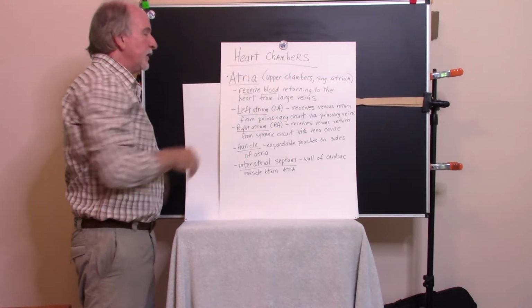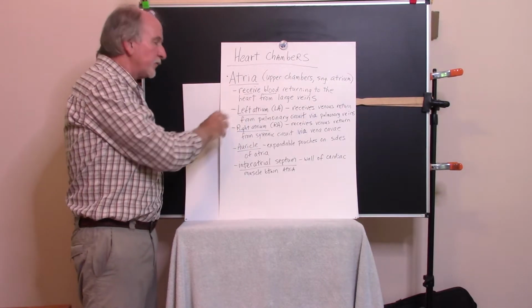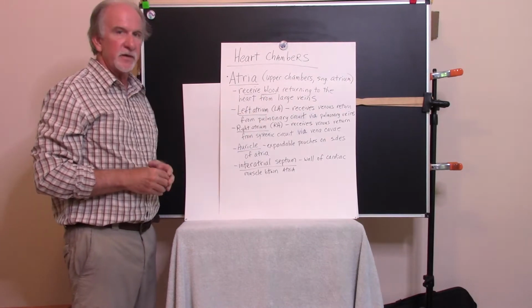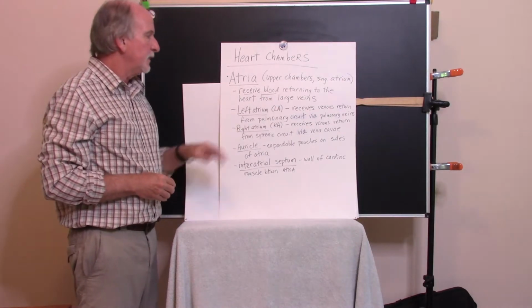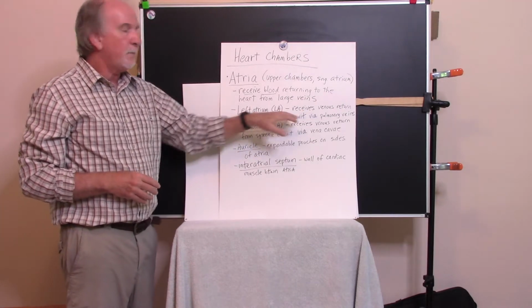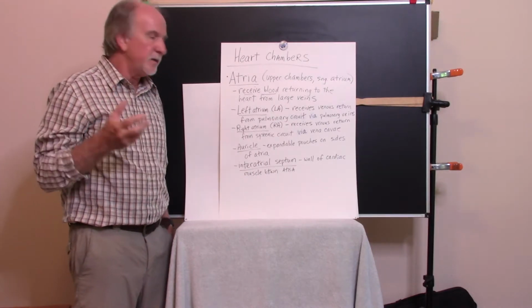The atria consist of an atrium on the left side and one on the right side. The one on the left side is known as the left atrium, and I'll abbreviate that LA. And the left atrium receives venous return from the pulmonary circuit by way of veins known as pulmonary veins.